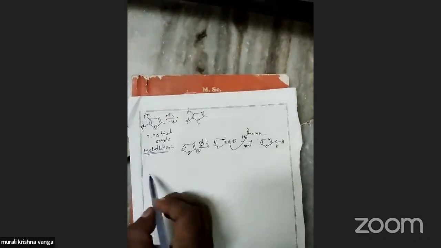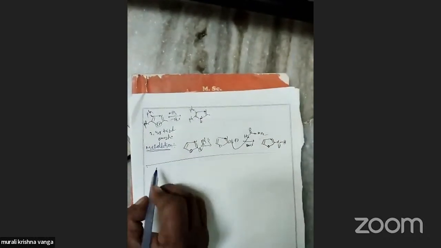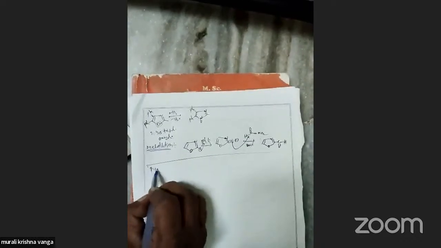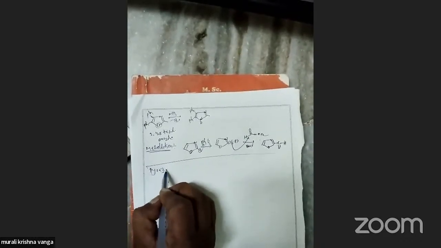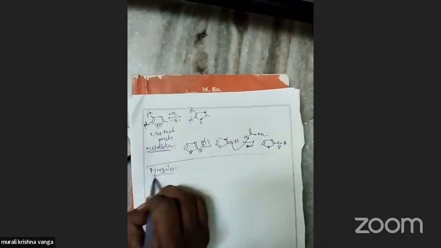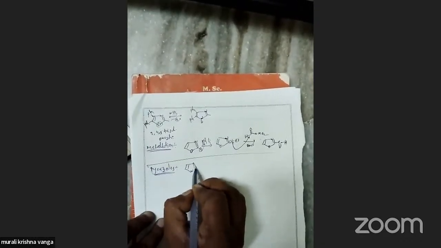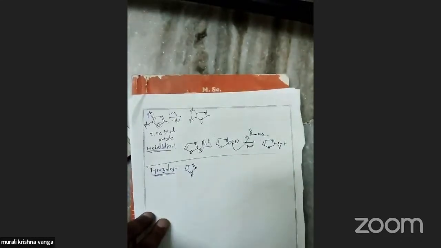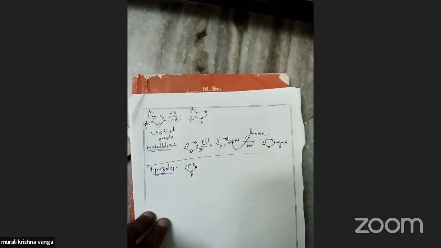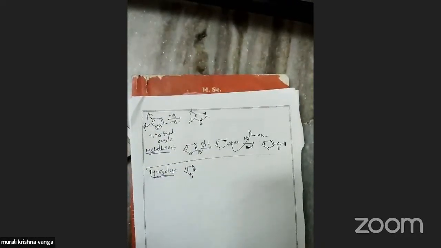Next is pyrroles. This is a pyrrole, with positions 1 and 2. Pyrrole is a nitrogen-containing unsaturated five-membered ring.